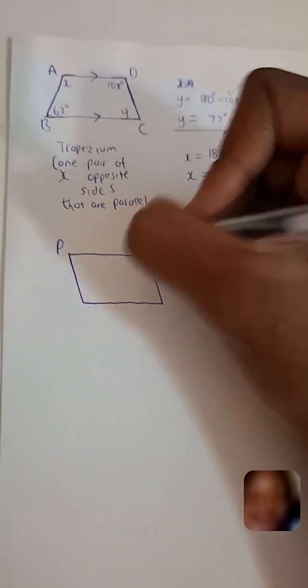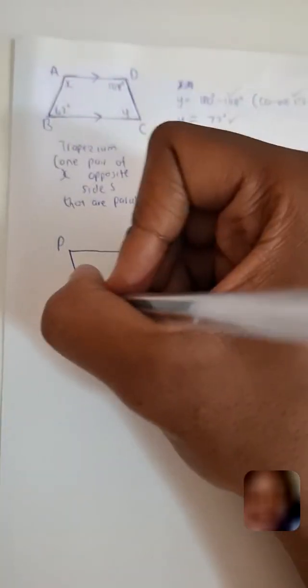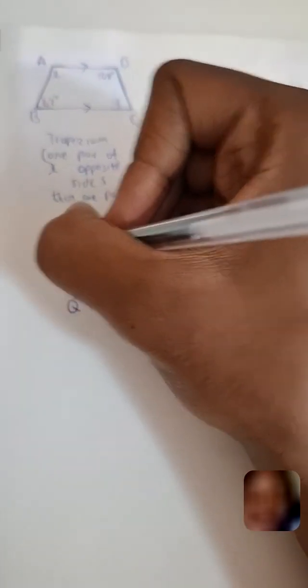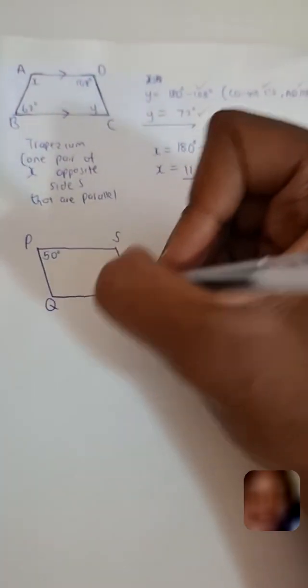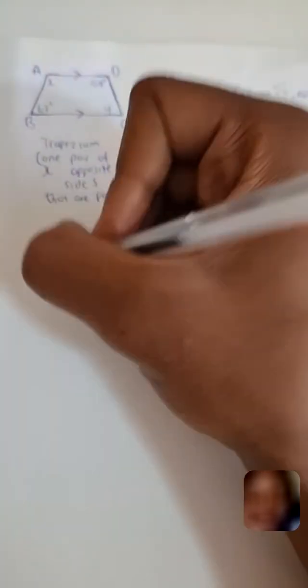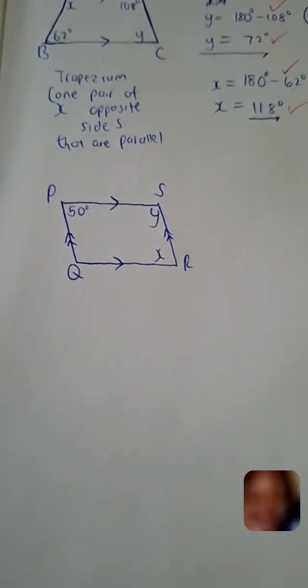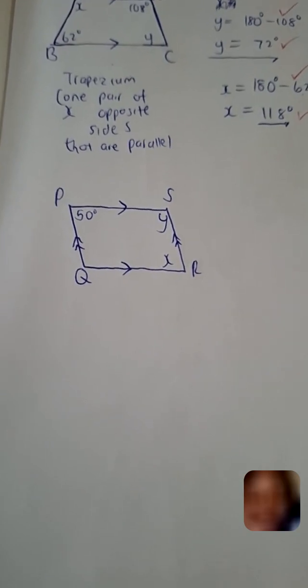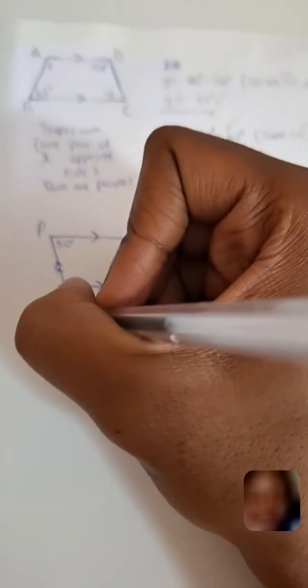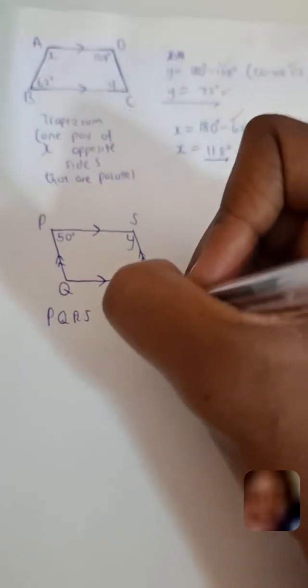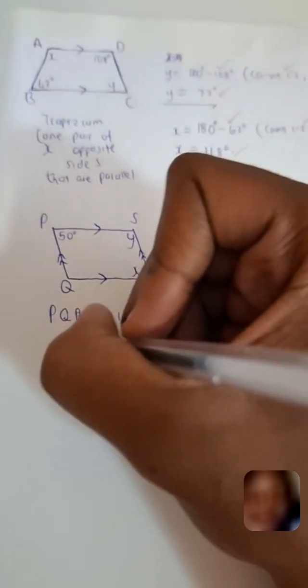Okay, here we have this one. PSRQ. We have 50 degrees. We have x. We have y. It's a rhombus, right? We are told PQRS is a parallelogram.